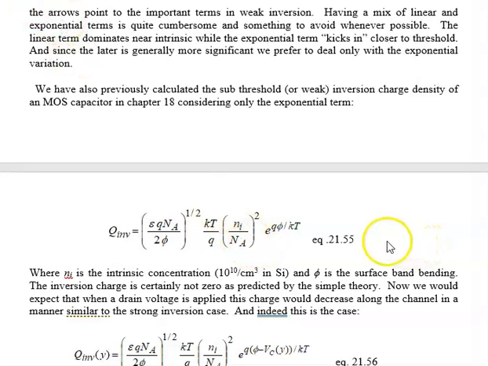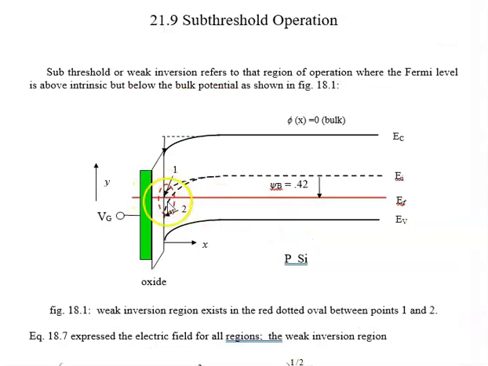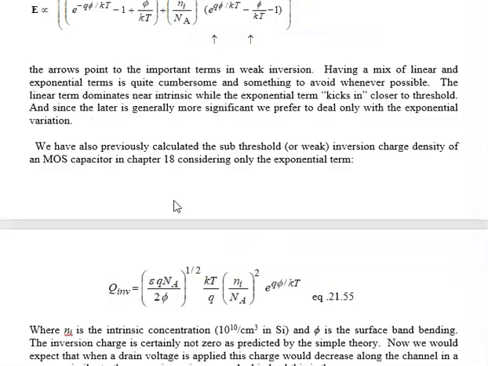and we need to massage this a little bit because this is the mobile inversion charge as a function of band bending, and even if we're somewhere between point 1 and 2, where the simple theory says we should have no band bending, we should have no charge at all. But of course we know that's not true.